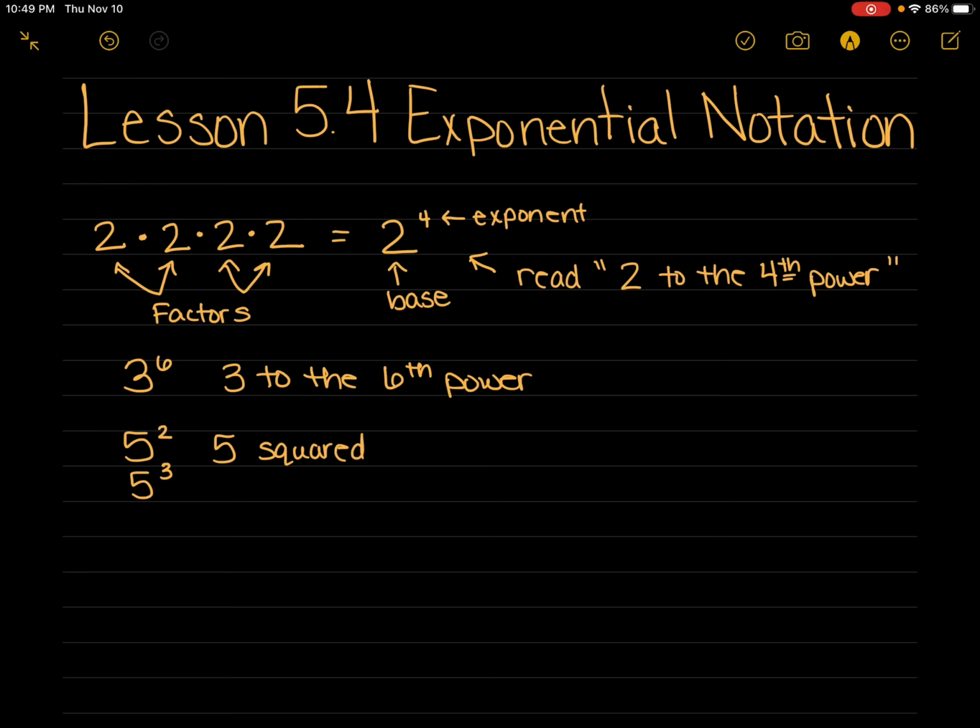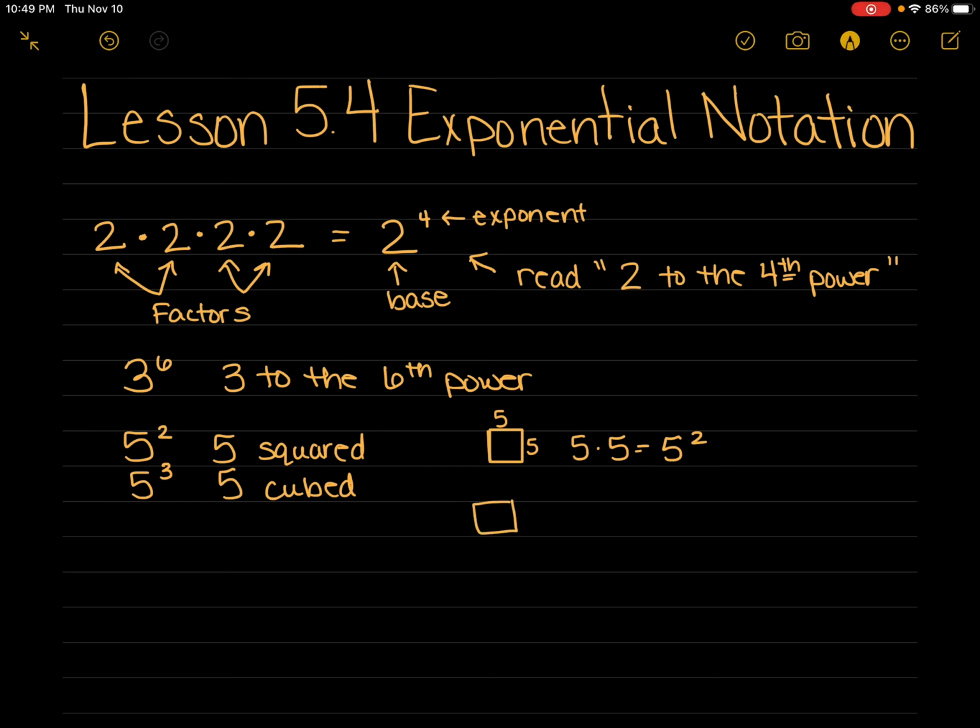And on 5 to the 3rd power, we say 5 cubed. And that has to do with, let's say if I drew a square out, this would mean 5 times 5. And 5 times 5 is 5 squared. Okay, so that's why 5 to the 2nd power is called 5 squared.